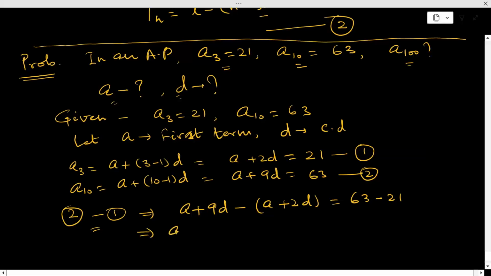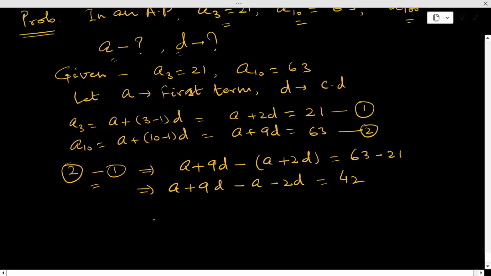This further gives A plus 9D minus A minus 2D, because of the minus sign, and 42, because 63 minus 21 is 42. We can cancel out A. Now we get 9D minus 2D, which is 7D equals 42. So the value of D comes out as 6.